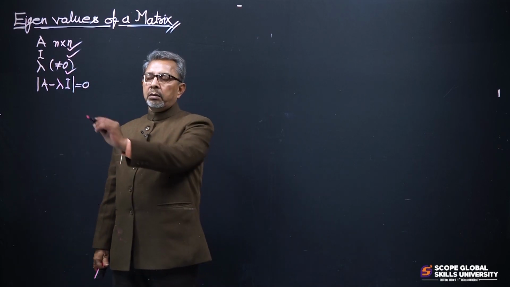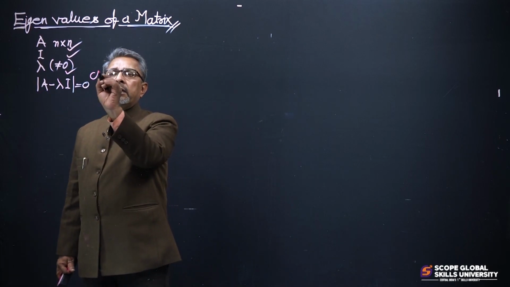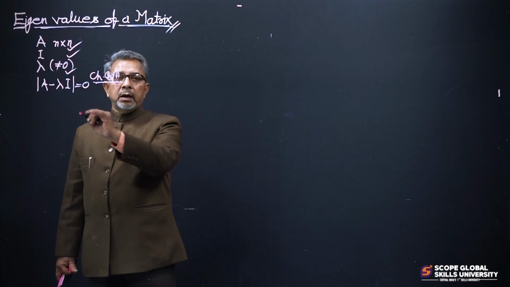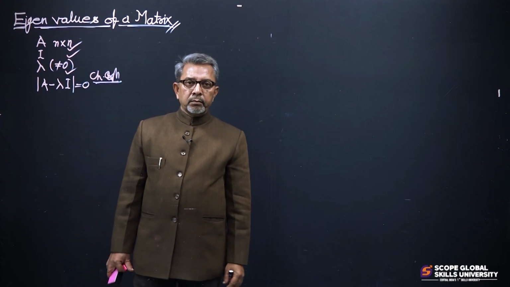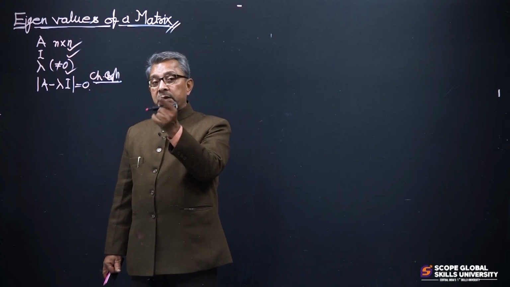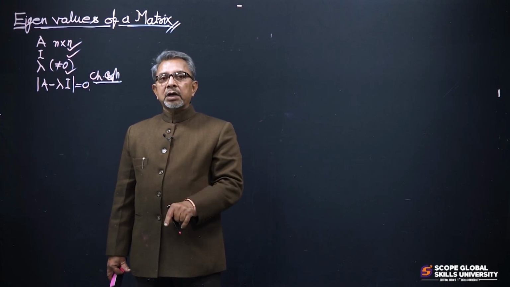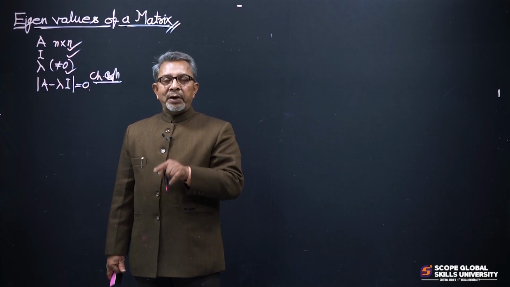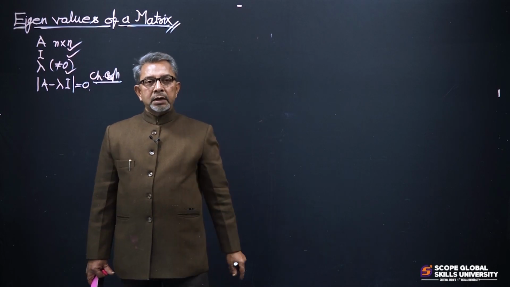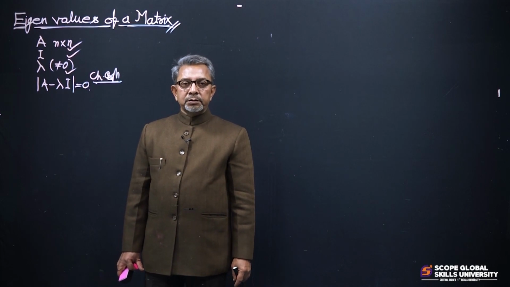And whenever we solve this equation, because this characteristic equation is actually an equation in terms of lambda, whenever we solve this characteristic equation for values of lambda, those values of lambda are known as eigenvalues, as well as characteristic values or latent values or spectral values.